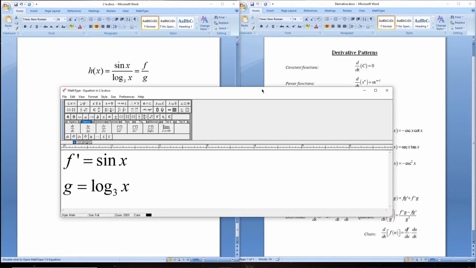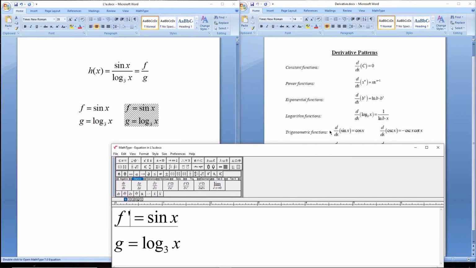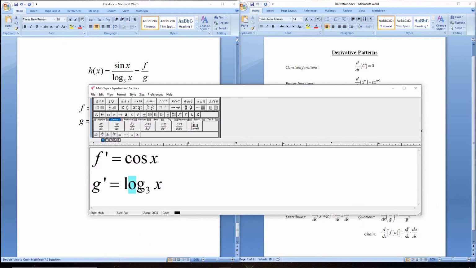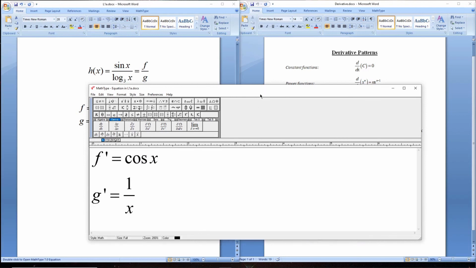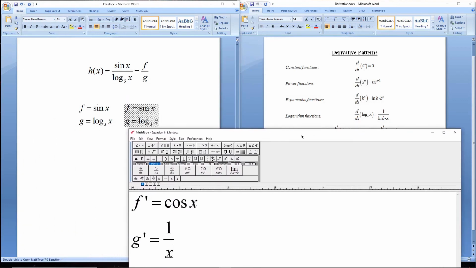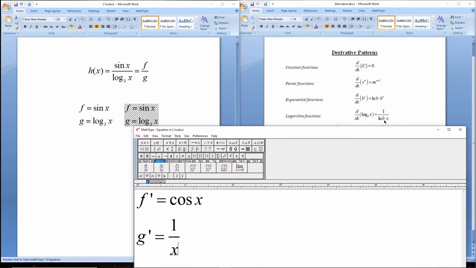And the derivative of sine, in case you haven't memorized these yet, probably not, it's only been one day, but the derivative of sine is cosine, and the derivative of log is always 1 over x. The derivative of log, always 1 over x. Except in the denominator, you'll have this factor of natural log of the base. And the base in this case was 3.